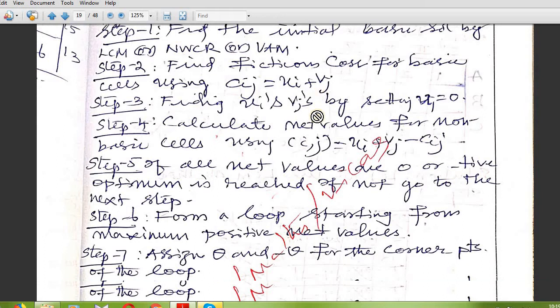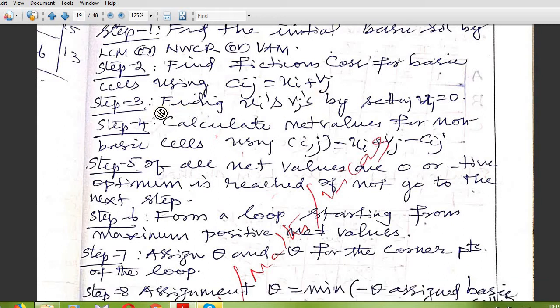Next, step number 3. We have to find the Ui's and Vj's by setting u1 equal to 0. If you take the initial value u1 equal to 0, then we can find all the ui's and vj's for the Cij's.